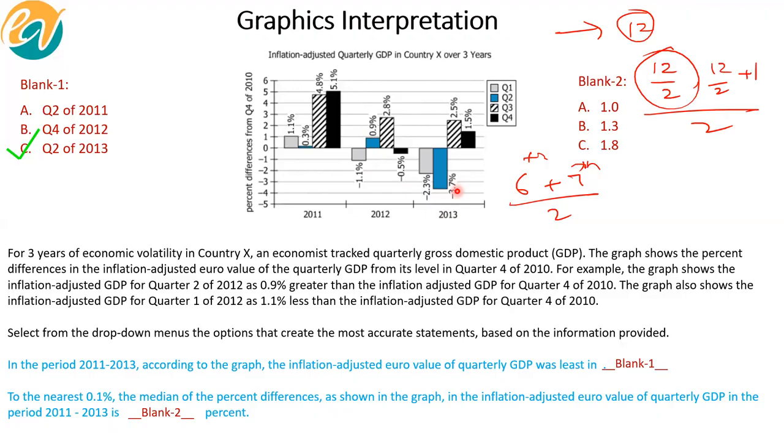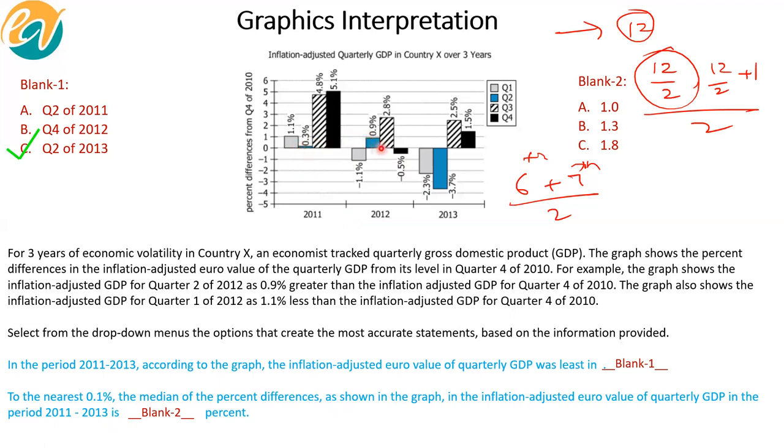Those 4 values are the least. So 4 are already covered. The fifth one will be which one? These 4 values are gone. Now we come to positive, right? Which is the least one? 0.3, correct? So this is the fifth.